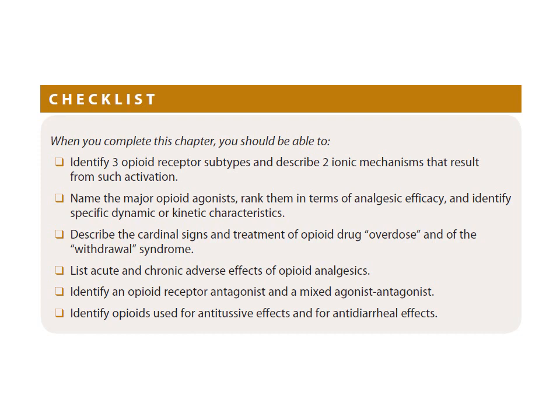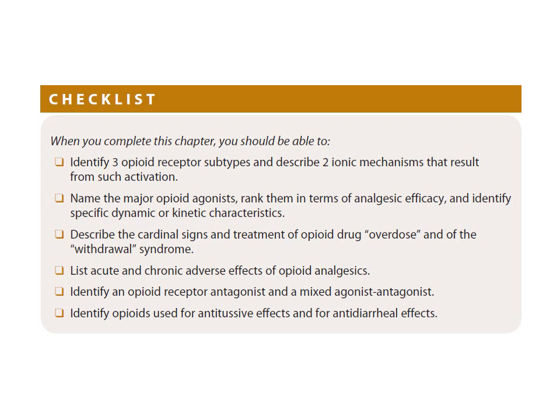their pharmacological actions. Another checklist point is to describe the cardinal signs in treatment of opioid drug overdose and of the withdrawal symptoms. Very important. If you know opioid analgesics are causing this toxicity, how do you want to treat it? We'll be discussing various scenarios as well.